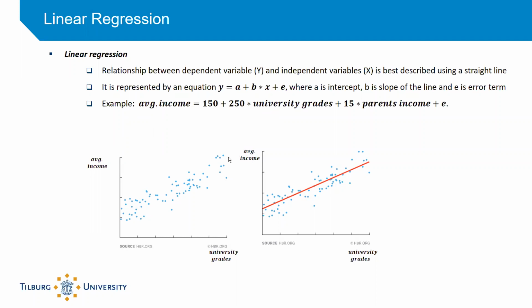Now, if you assume that the points aren't so nice and linear, but rather they have some sort of a logarithmic curve, that means they go like this and then start tapering off towards the top. Then you can fit a logarithmic value, but the interpretation needs to be changed a little bit more. It won't be the simple interpretation of 1 unit point increases the average income by 250, but it'll be more in terms of percentage increases. So this is linear regression.